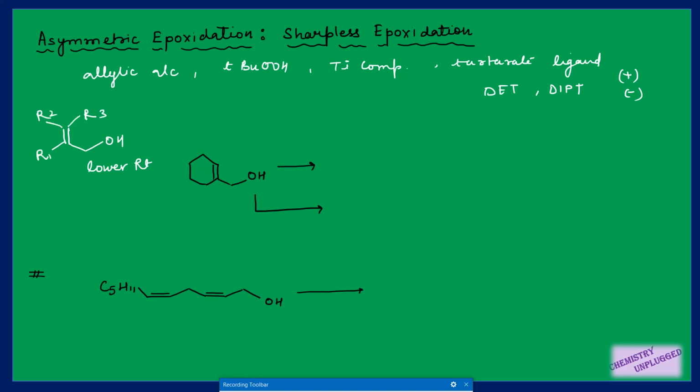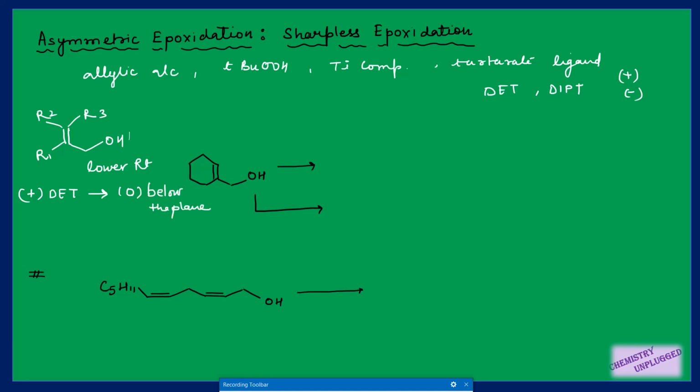This should be the condition. Always remember that you have to place your allylic alcohol in such a form that your double bond is in vertical form and this hydroxymethyl group is on the right hand side, right? If you have such a configuration, then your plus DET or DIPT will attach oxygen below the plane, right?